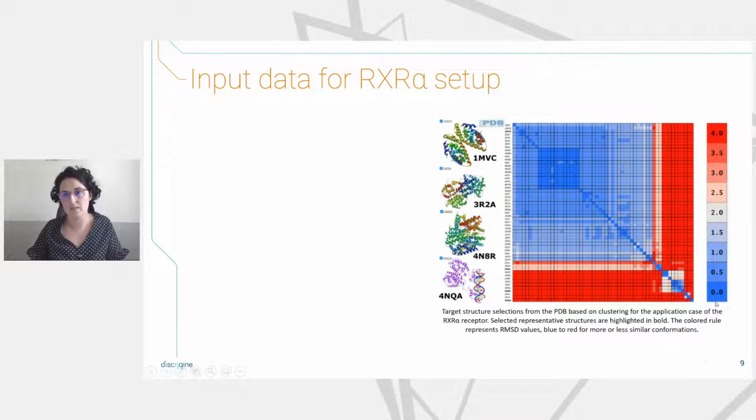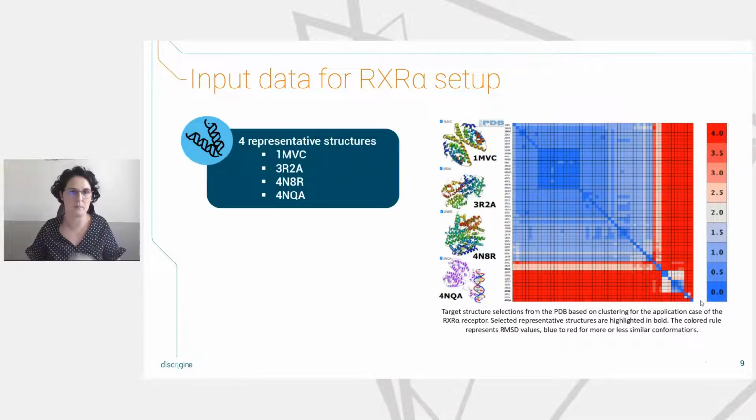You can see here the range from blue to red. Blue is RMSD equal to 0, so really similar structures, and red is dissimilar structures. You can see that 4 clusters appeared, and we picked the best resolution structure per cluster as a representative structure.